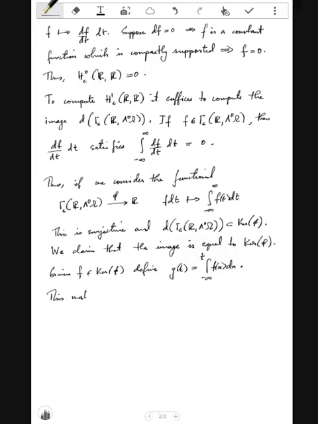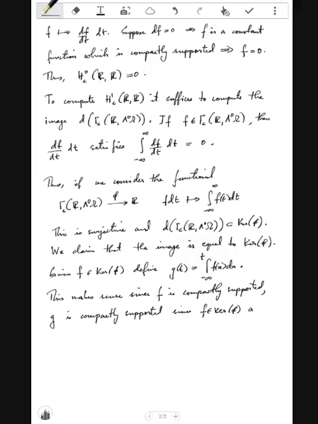This makes sense since f is compactly supported. g is compactly supported since f is in the kernel of phi, and dg by dt is equal to f.